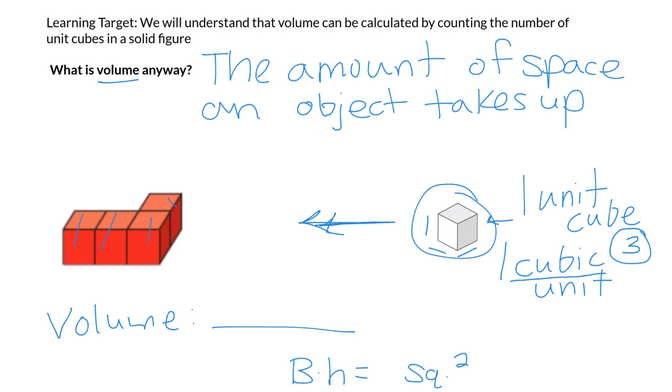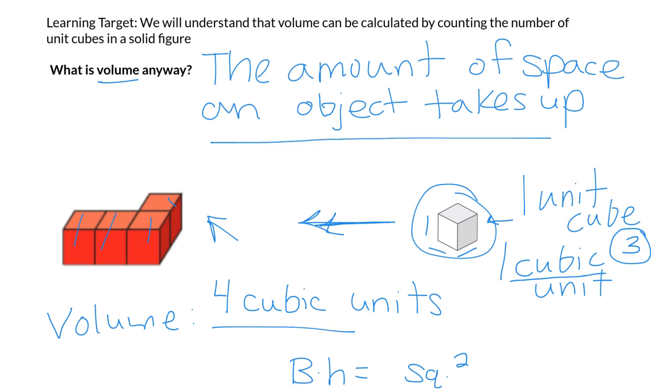So that means that the volume of this figure is 4 cubic units. The amount of space that this solid takes up is 4 cubic units. So we can also think about volume as the number of cubic units that are in a figure, because that is the same as the amount of space that the object or the solid takes up.